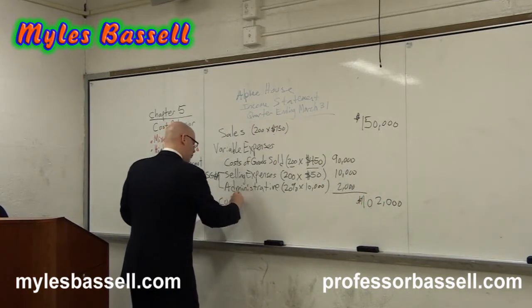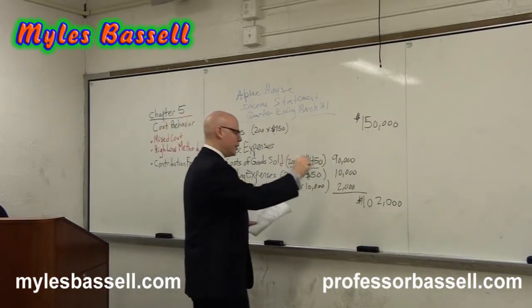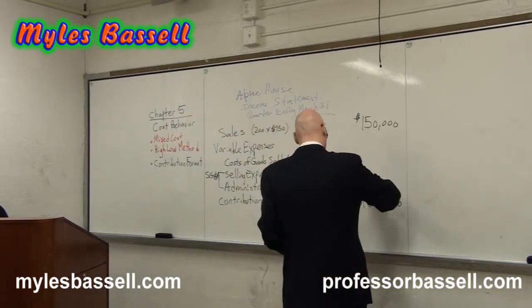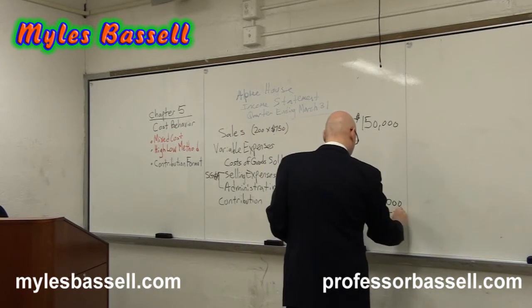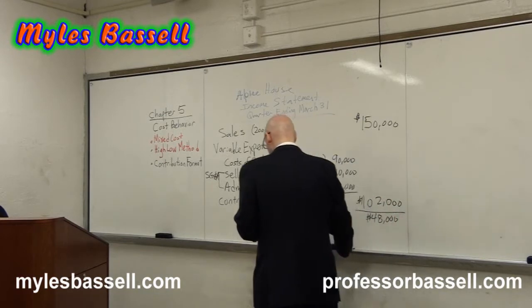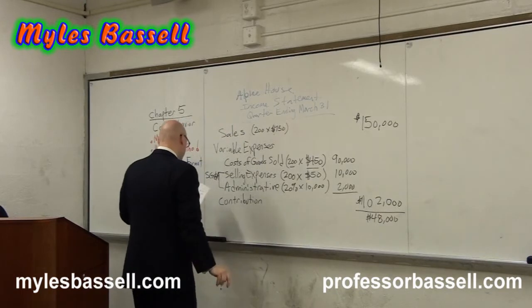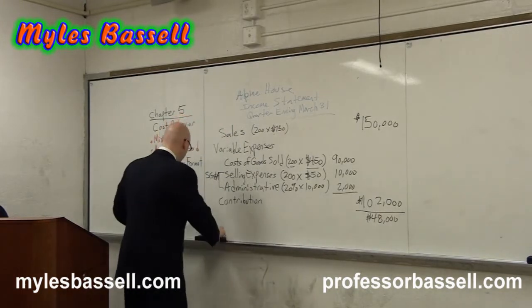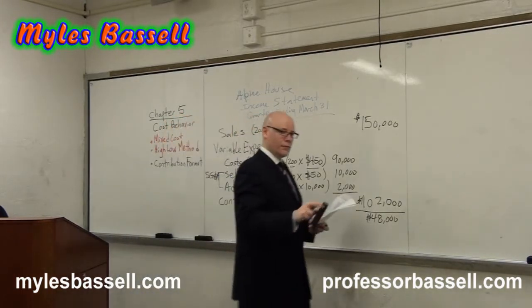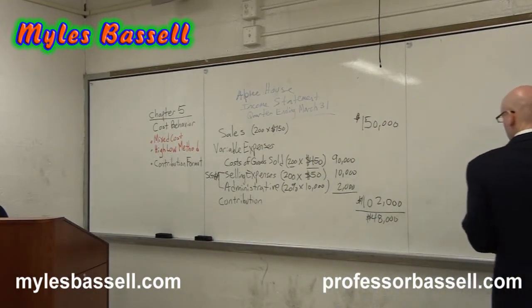We subtract the variable expenses from the sales to get our contribution margin, which is $48,000. Now we have to deal with our fixed expenses.